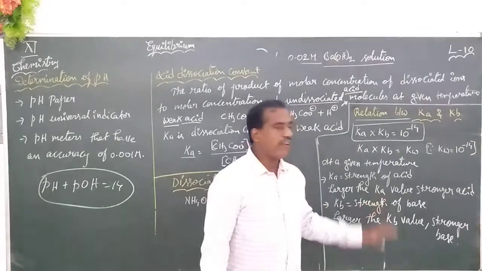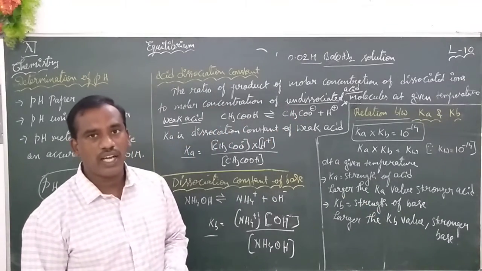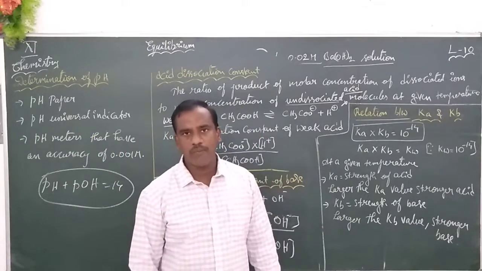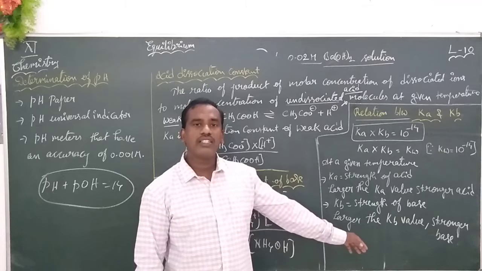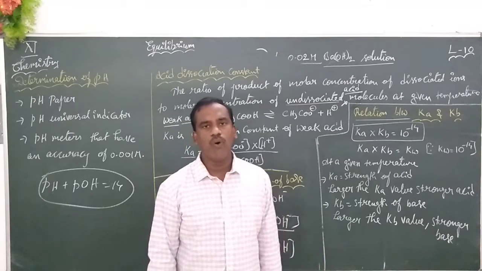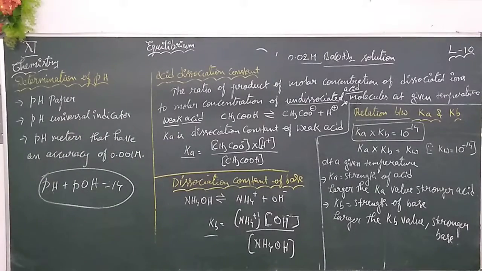The larger the Ka value, the stronger the acid will be. Now, Kb determines the strength of the base. Similarly, the larger the Kb value, the stronger the base will be. So these are the small concepts regarding Ka and Kb.